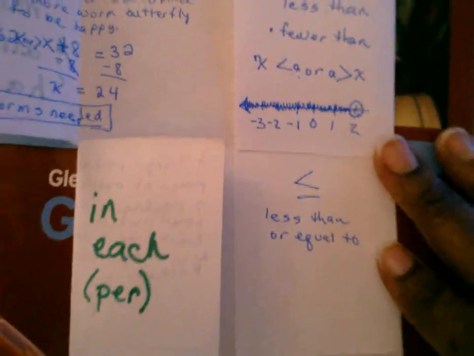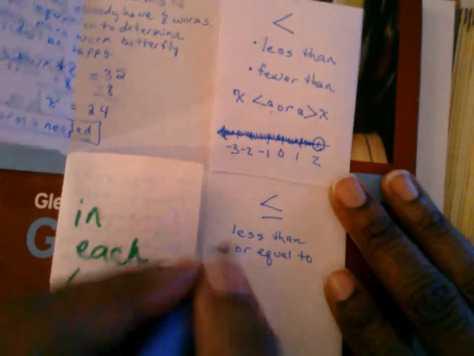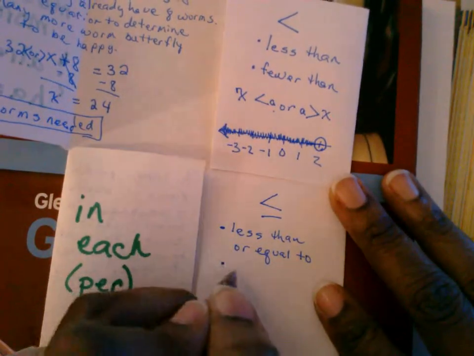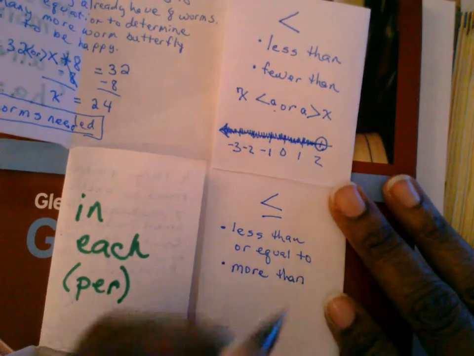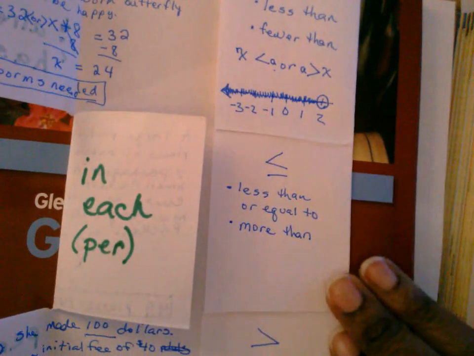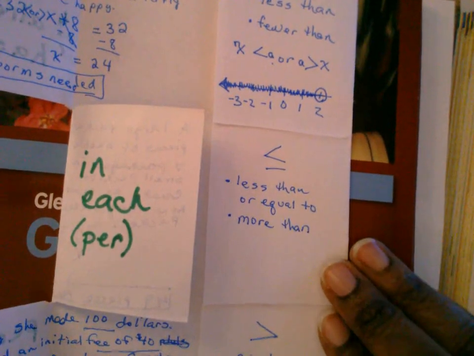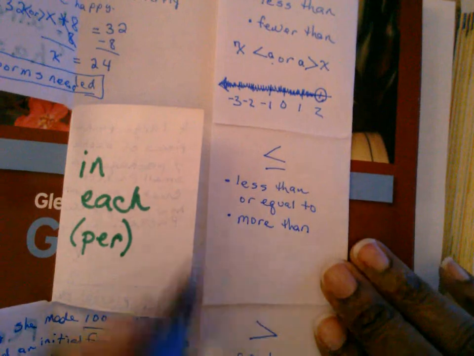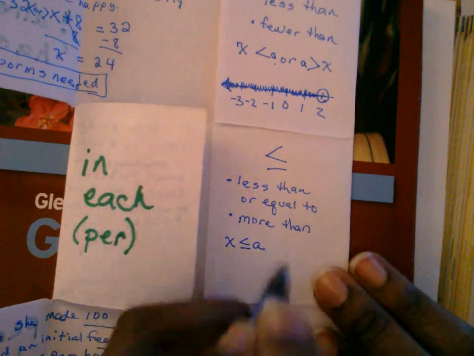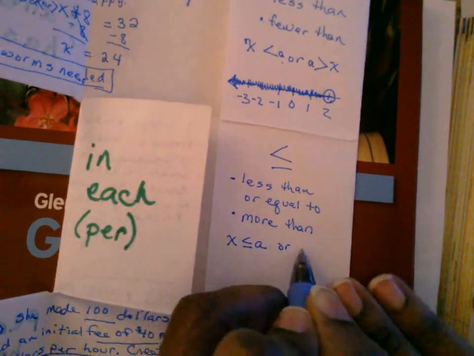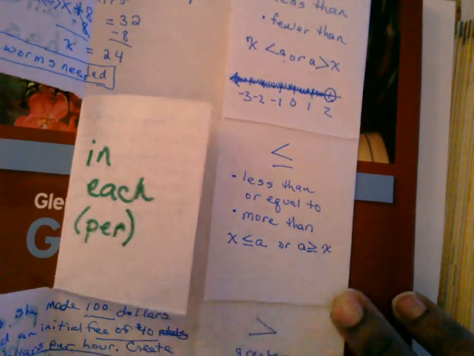All right? Less than or equal to means that you have no more than a certain quantity. And so x can be less than or equal to a, or a can be greater than or equal to x.